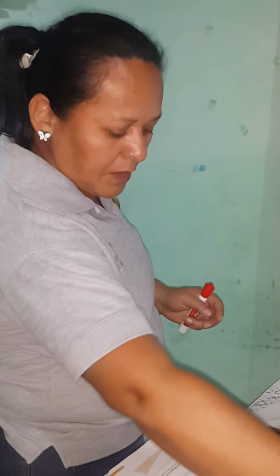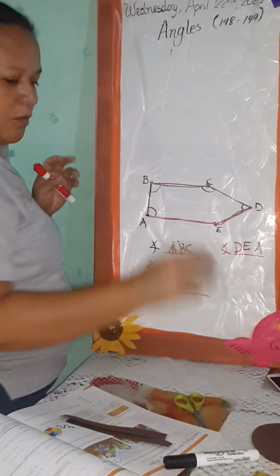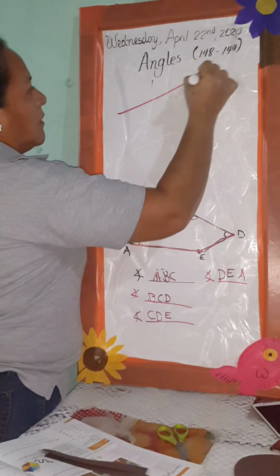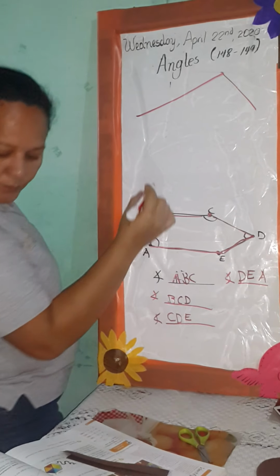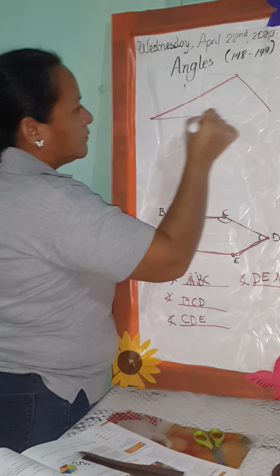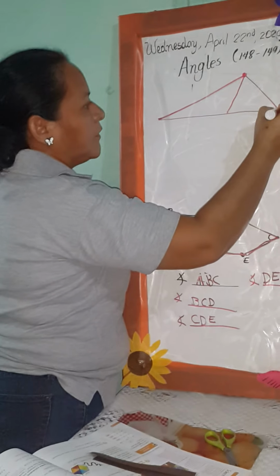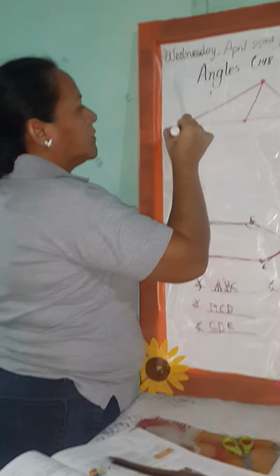This is page number 149. But we have another example down the page. Let me erase this. We have another example down the page. We have this figure. Okay, so we have different angles.